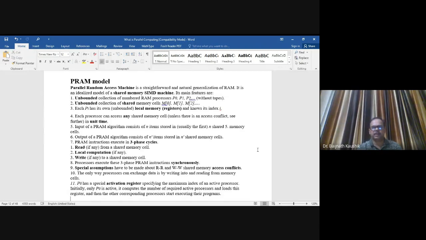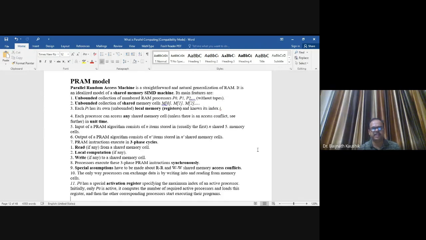All PRAM algorithm instructions execute in three-phase cycles. First, the PRAM algorithm reads the data from the shared memory cells. If n processors are activated, all processors simultaneously read the input data from the shared memory cells. Then each processor performs its local computation, and in the third phase, all processors write the results into the same shared global memory cells.